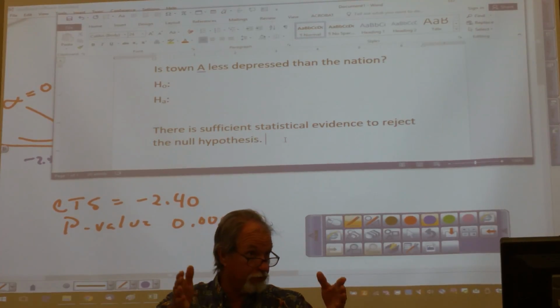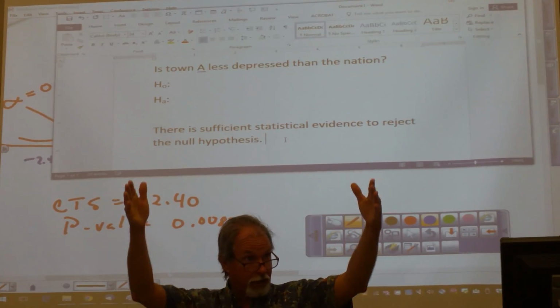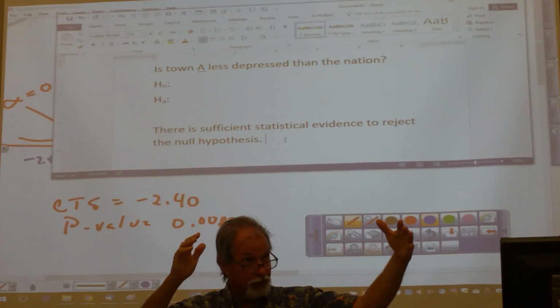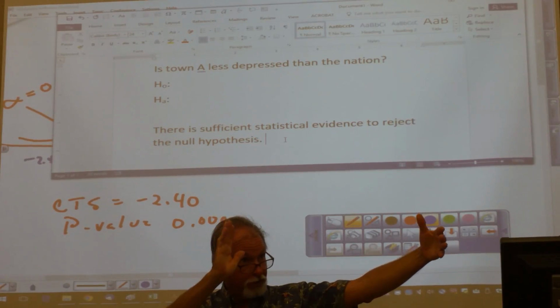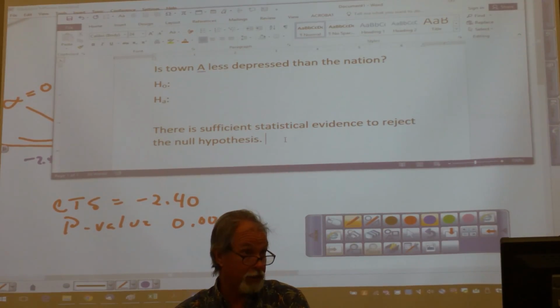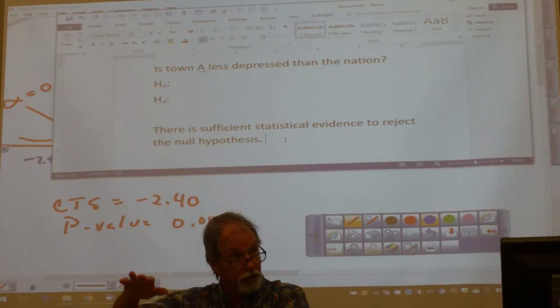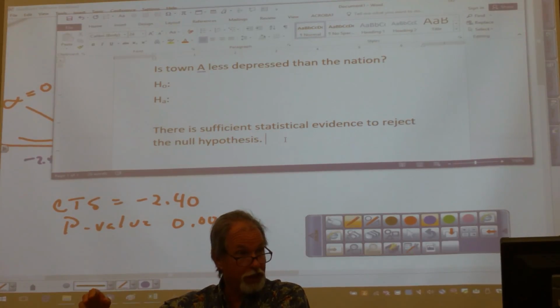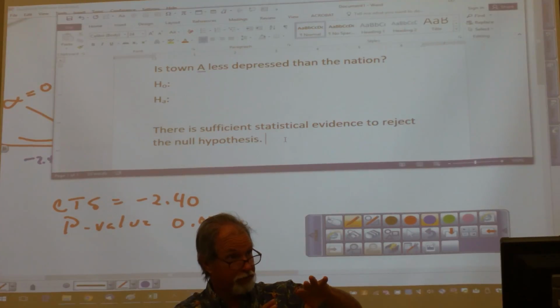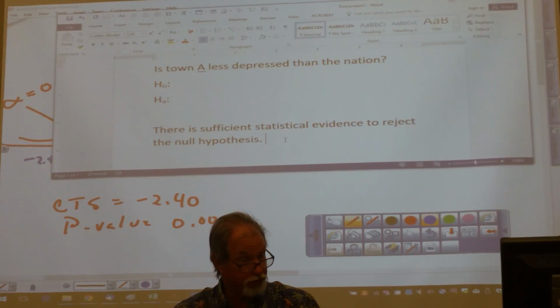Remember what we said when we were doing a confidence interval, if we were 95%? So basically what the tobacco companies would do is look at the studies that supported their claim and ignore the ones that didn't. And then the health professionals looked at the ones that supported their claims and ignored the ones that didn't, and they were arguing it back and forth.